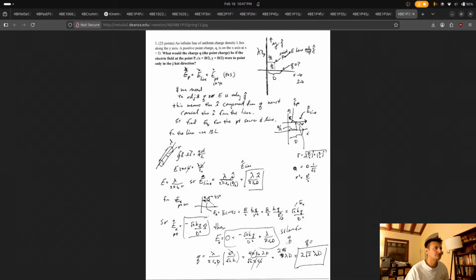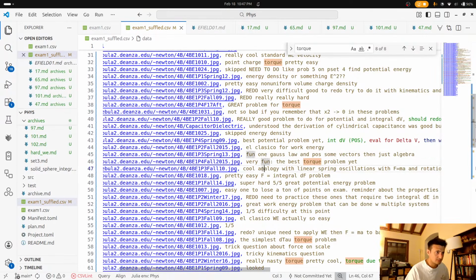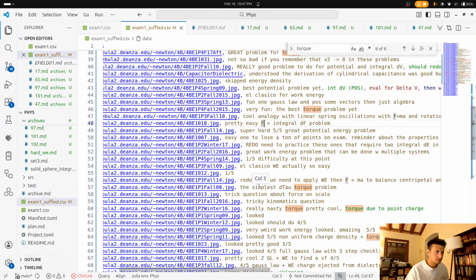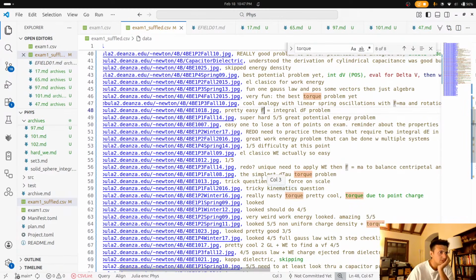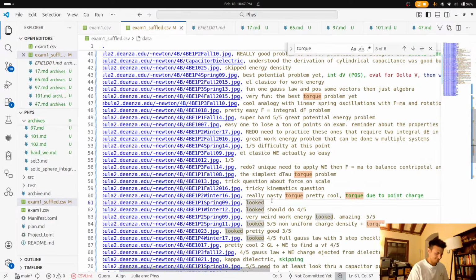I don't remember this one. Oh yeah, this one is really good, vector 1, 5 out of 5.